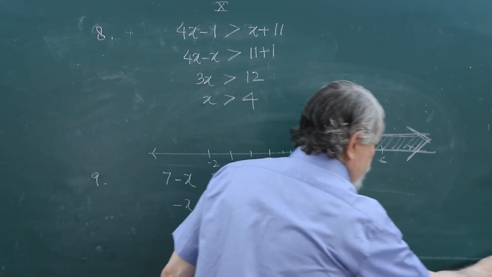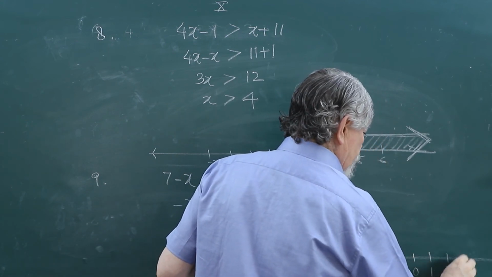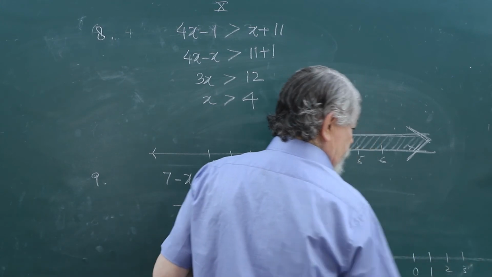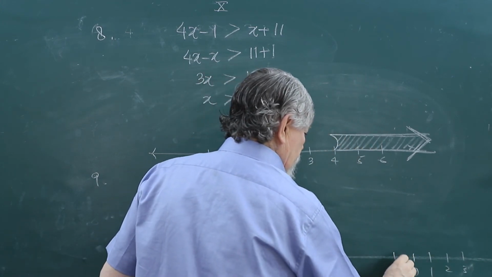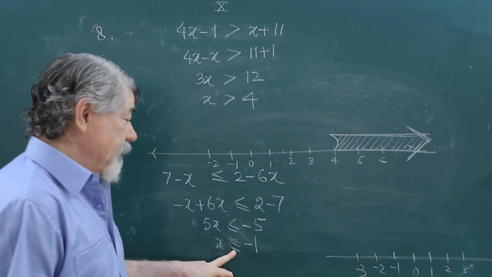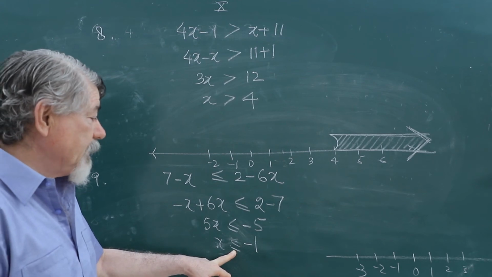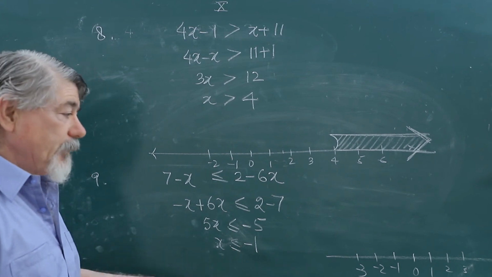So let's draw the number line: 0, 1, 2, 3, going to infinity here, and minus 1, minus 2, minus 3. It is x less than or equal to minus 1.